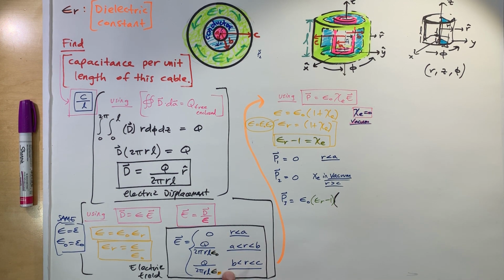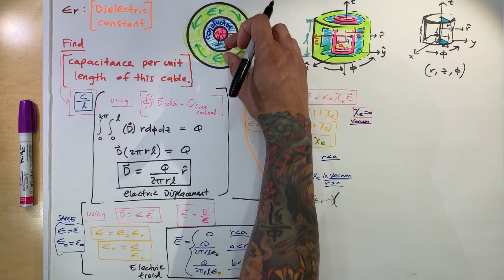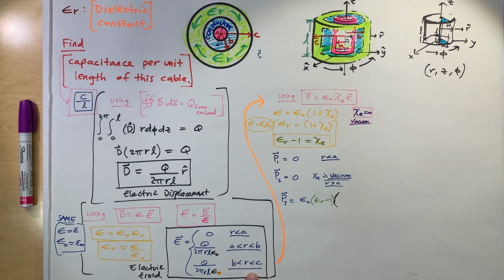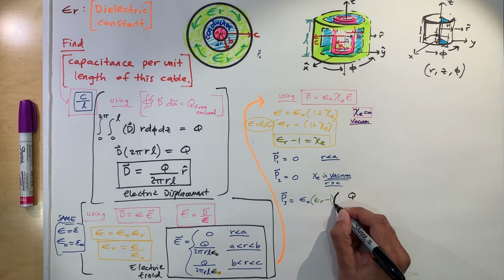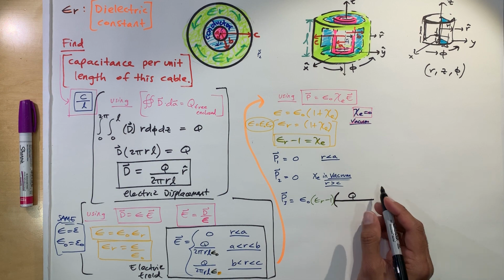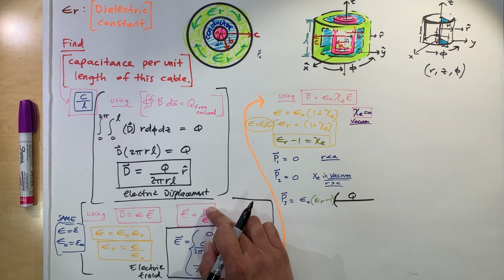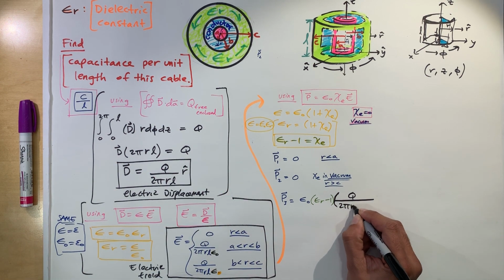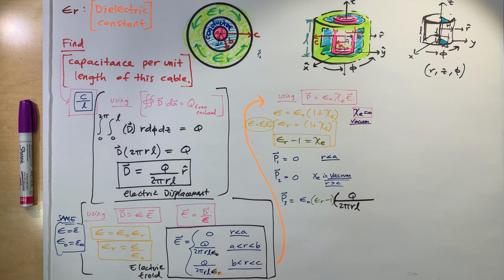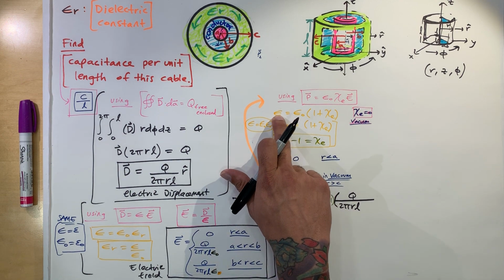Then electric field in that region, in between here, between B and C. Let's write Q over 2 pi R. So electric field is electric displacement, so it's this, 2 pi L over epsilon, and the epsilon that we're in is represented by absolute epsilon.